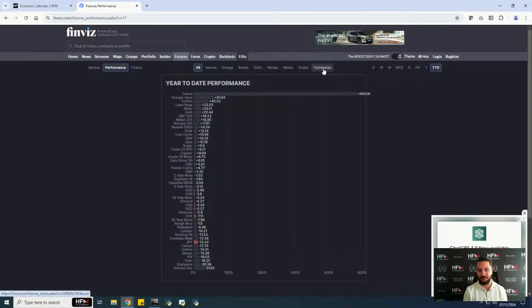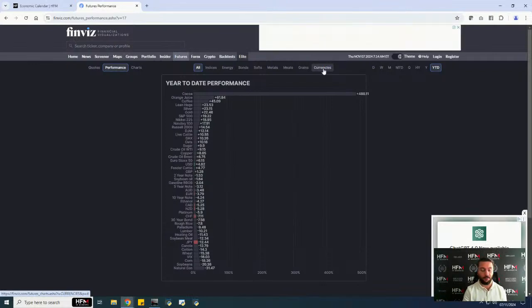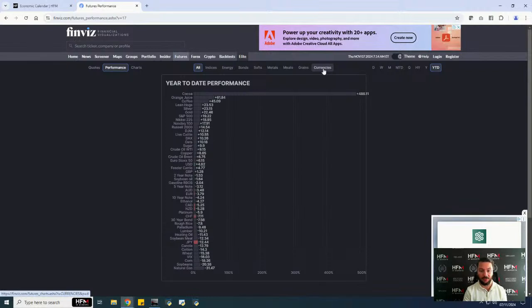But the second best performing, ladies and gentlemen, you can see here is the Great British Pound, which so far this year has increased by 1.32%. That's more, like you can see here, than the Australian dollar, which is the best performing today, actually. The Australian dollar more than the euro, more than the Canadian dollar, more than the New Zealand dollar, and more than the Japanese yen, which this year has declined 12%, almost 13%.